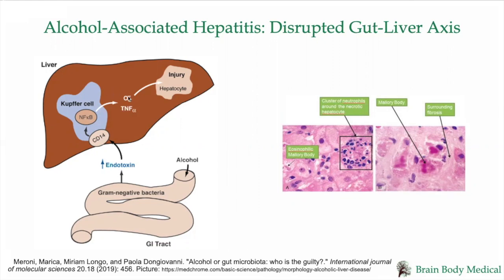And then we have these reactive oxygen species and TNF-alpha and the interleukins. These are inflammatory agents, and in general, they will go ahead and kill off the bacteria or whatever is causing the liver cell to be activated.